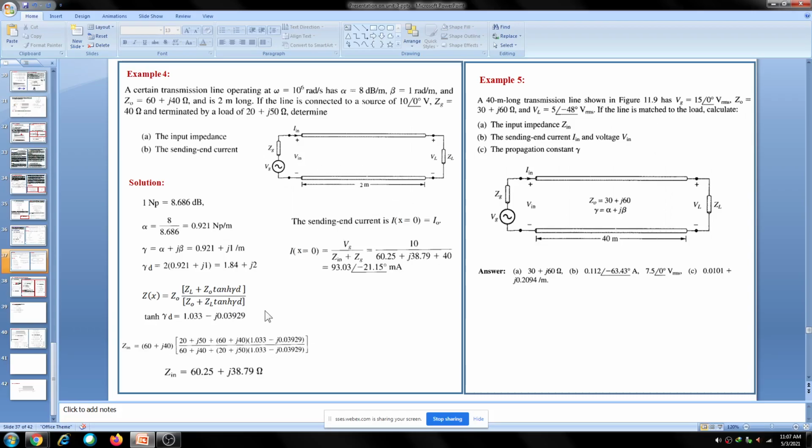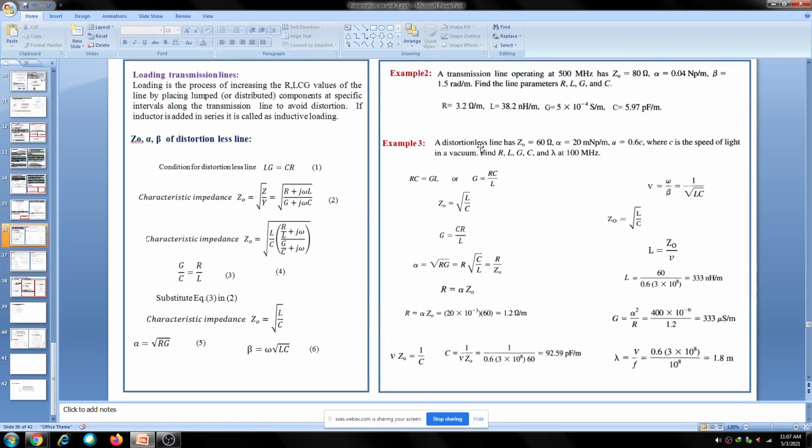In these two problems, alpha and beta are given and they are asking you to find out the RLCG, but RLCG may be given, and they may ask you to find out alpha, beta and characteristic impedance, propagation constant.